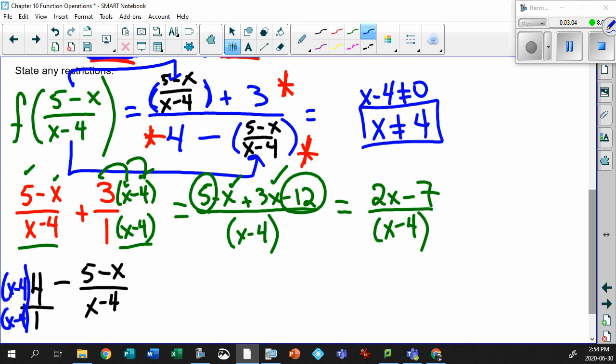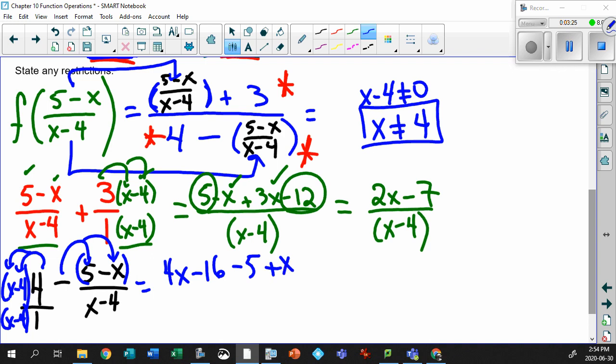Got it? Okay, so this gives us, distribute, 4x minus 16. Now, don't forget, here's where a lot of people forget to put brackets around that, because that negative is distributed to every member of that numerator. So this becomes minus 5 plus x, all over common denominator x minus 4.